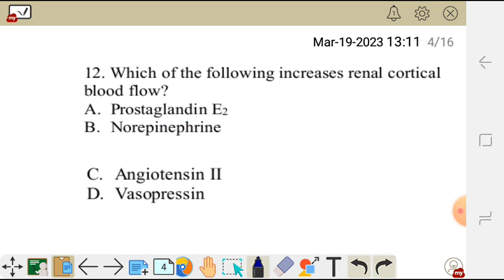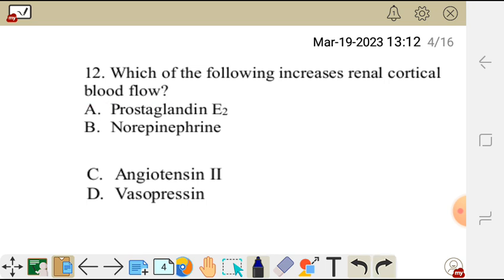Prostaglandin is a dilator. It dilates the vessels. It will dilate the afferent and the efferent, thereby increasing the blood flow. Whereas norepinephrine is going to vasoconstrict and reduce the blood flow, as well as angiotensin, which also vasoconstricts the efferent arteriole. Vasopressin is also a constrictor, so they are going to reduce the diameter of the blood vessels, thereby reducing the blood flow.